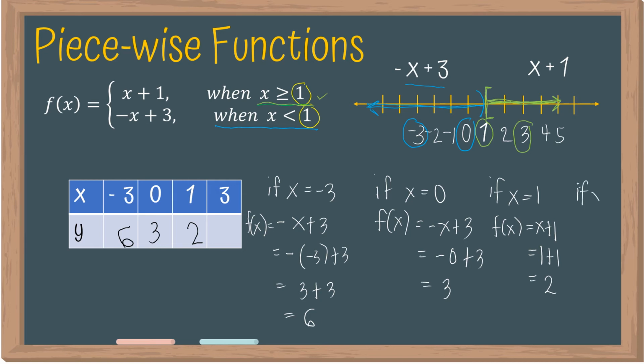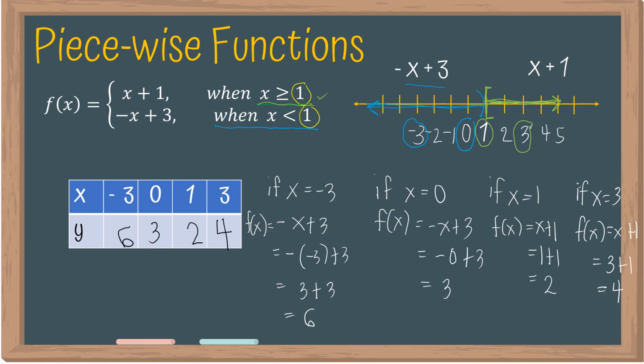If x is equal to 3, sabi natin, yung 3 natin dito, under siya dito sa ating first subfunction. So, ang gagamitin natin na subfunction will be x plus 1. Substituting that to our function, we have 3 plus 1, that will give us 4. So the value of our function at 3 will be positive 4.